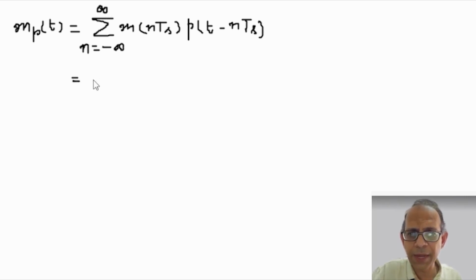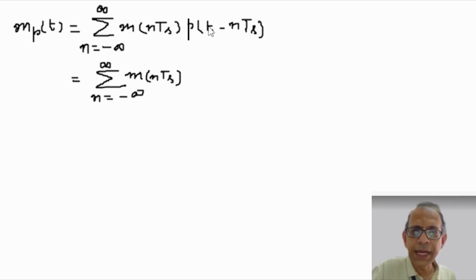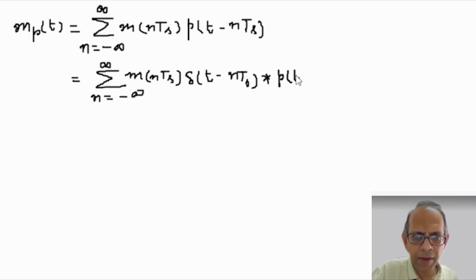Now this can further be written as summation n from minus infinity to plus infinity m of nTs. Now p of t minus nTs can be written as delta t minus nTs convolution p of t, using the basic property of convolution that when a signal is convolved with a shifted impulse, we get the shifted signal.